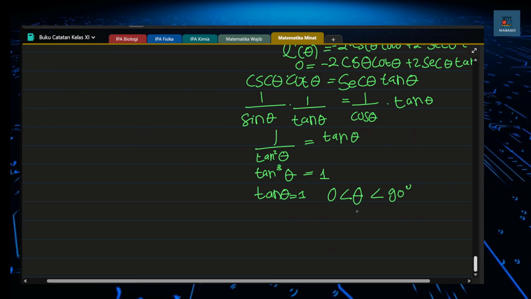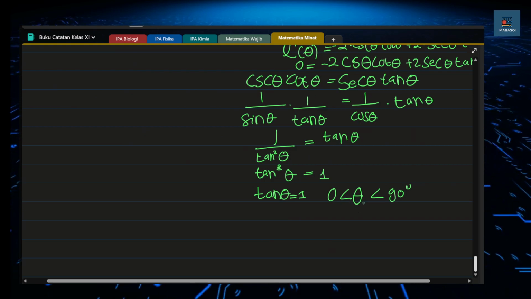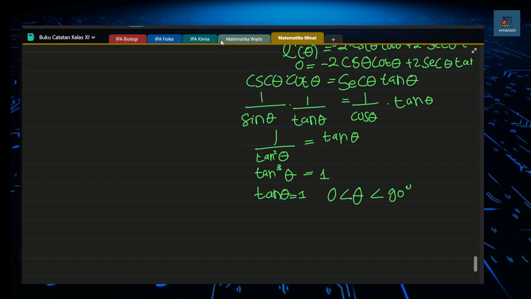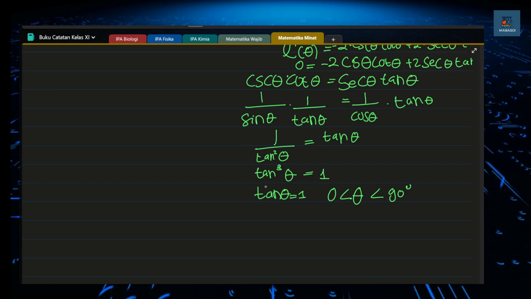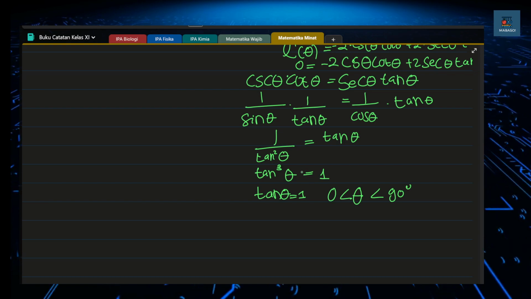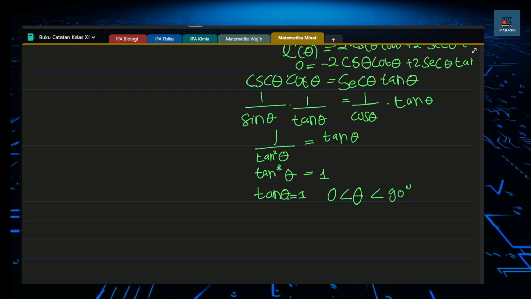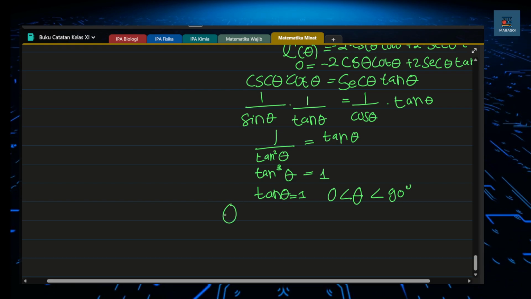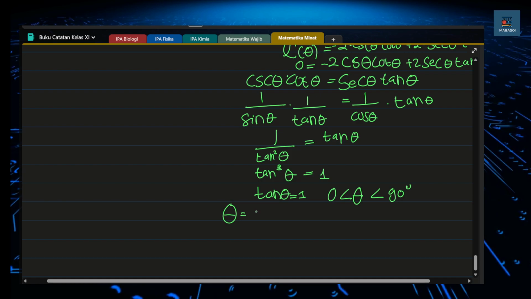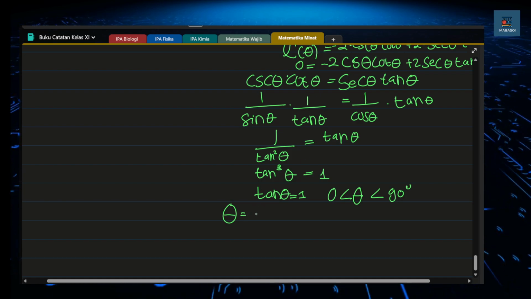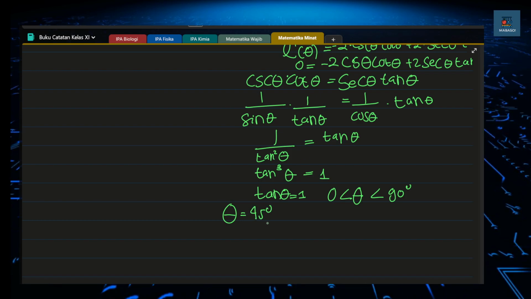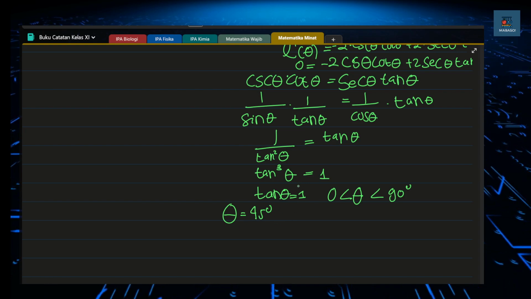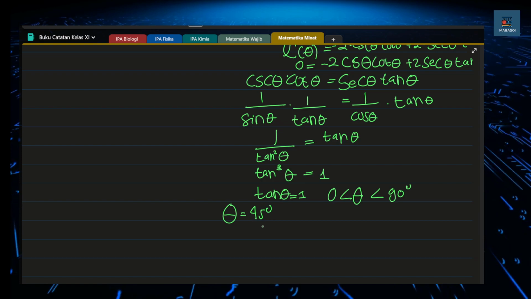So we have to agree that the angle theta would have to be in this interval, 0 to 90 degrees. Now, of course, tangent of theta is equal to 1. So we could simply deduce that theta has to be 45 degrees, because the only theta that satisfies this equation is 45 degrees.